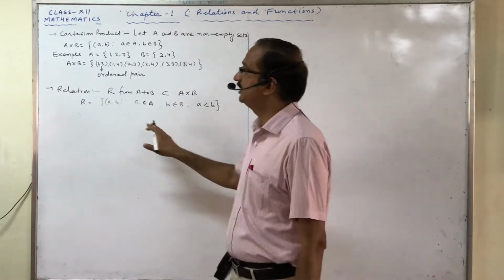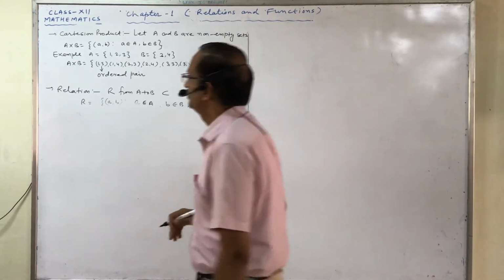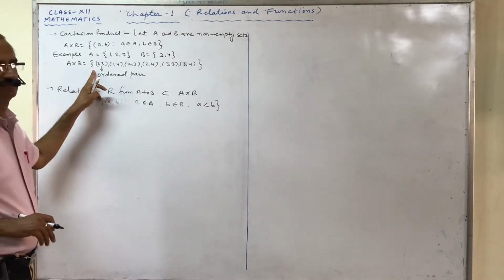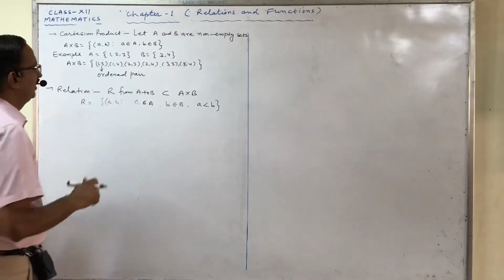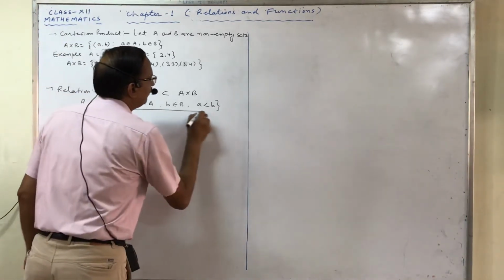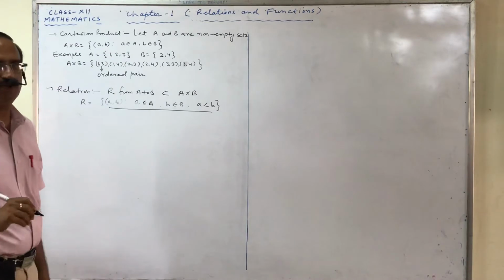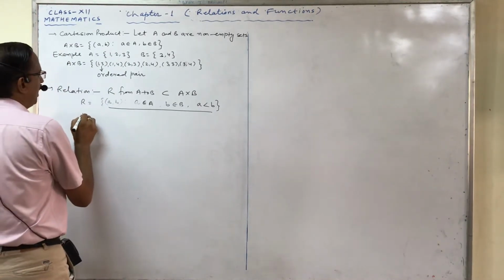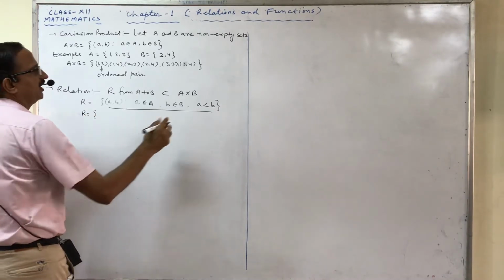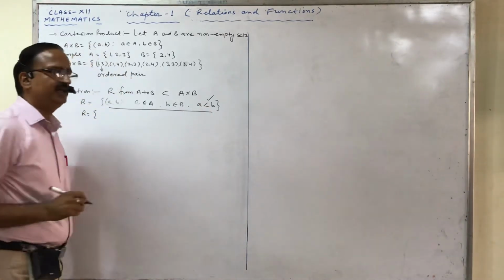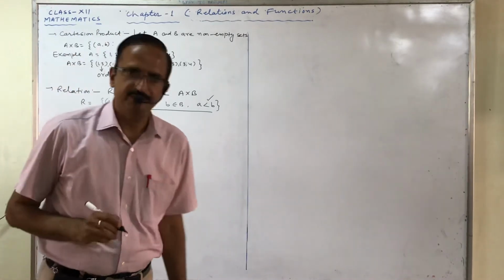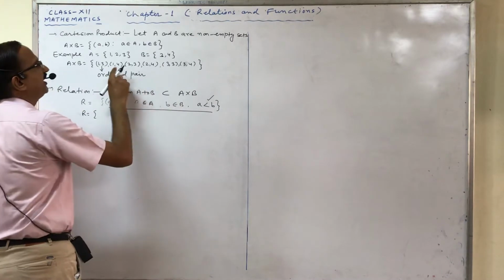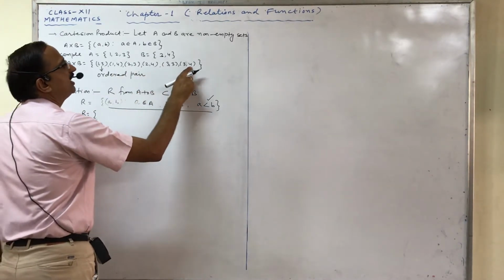Alright, since a relation is a subset of the Cartesian product, from this Cartesian product, when we write the ordered pairs for this relation, clearly this R means which pairs satisfy this condition, a is less than b. The first pair satisfies this condition, second, third, fourth and the last.